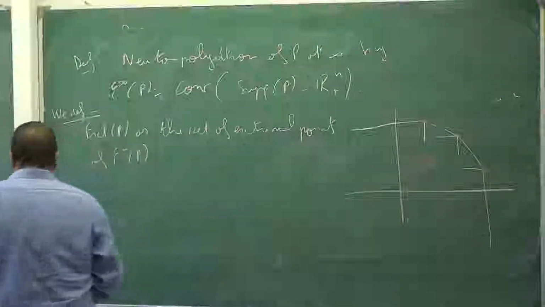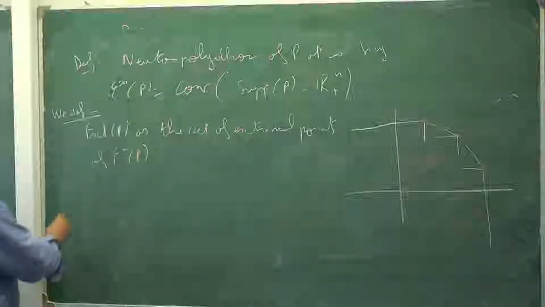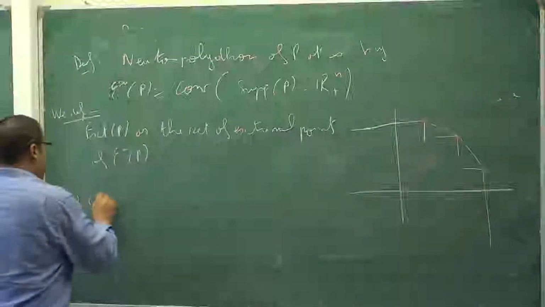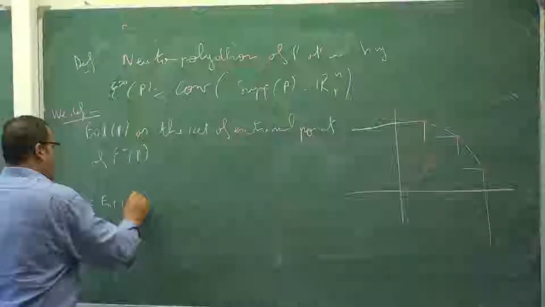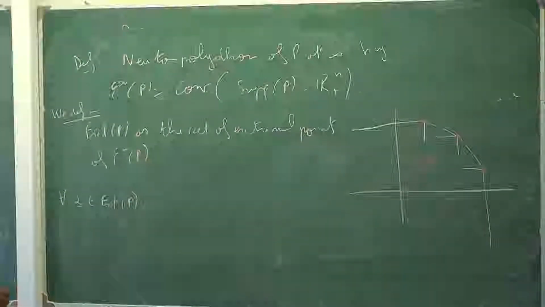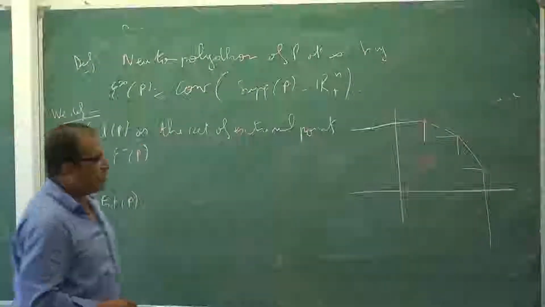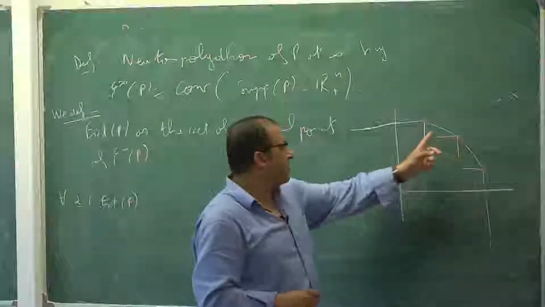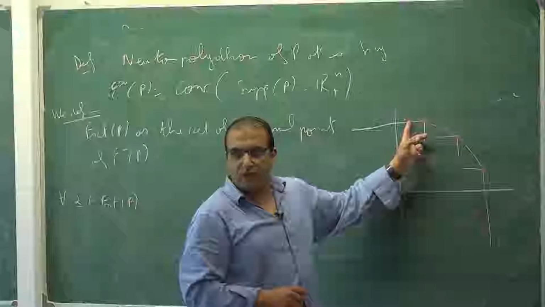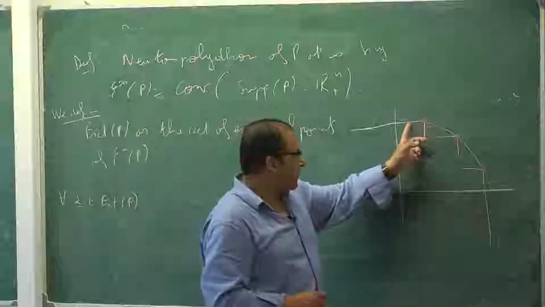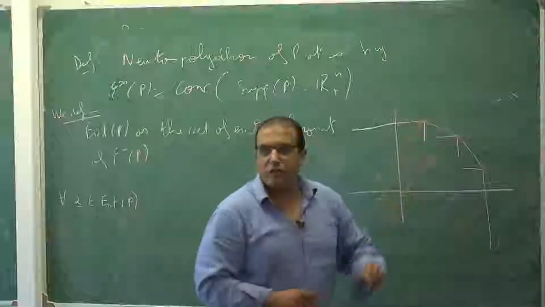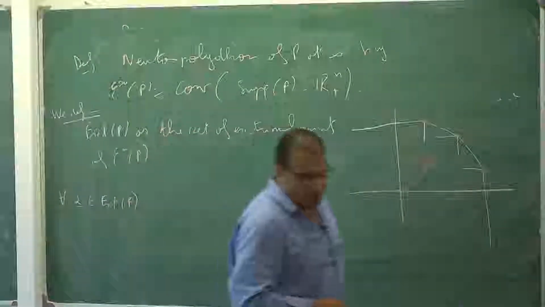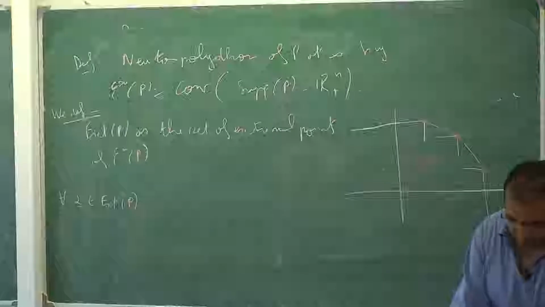And for any extremal point alpha, for example, we have a cone here defined by this extremal point. By using this cone, we can exhibit the change of variable.